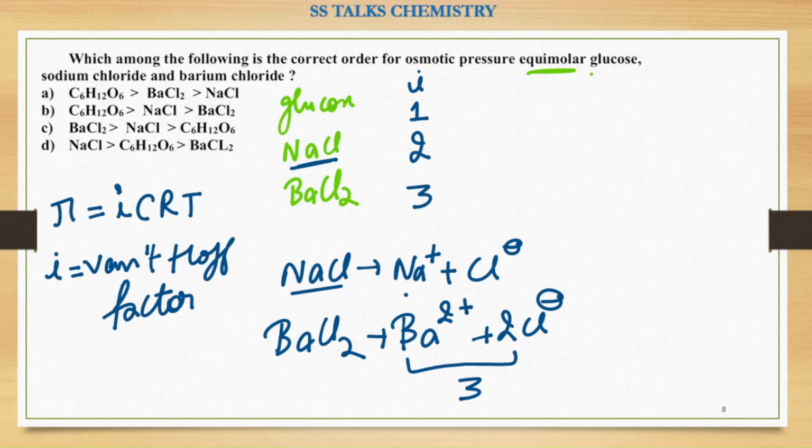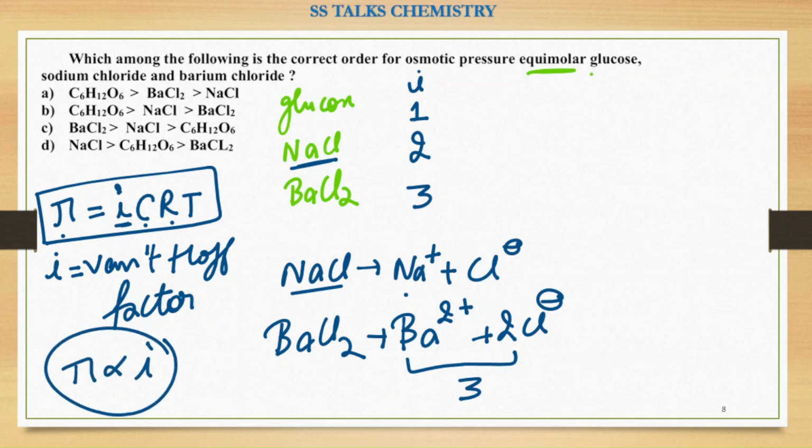Now you can see that pi is equal to iCRT. So osmotic pressure is proportional to this i factor. Now, equimolar is written, so the concentration terms are equal. RT being constant, the pi value is dependent upon this Van't Hoff factor only. The more this i value, the higher will be the osmotic pressure.